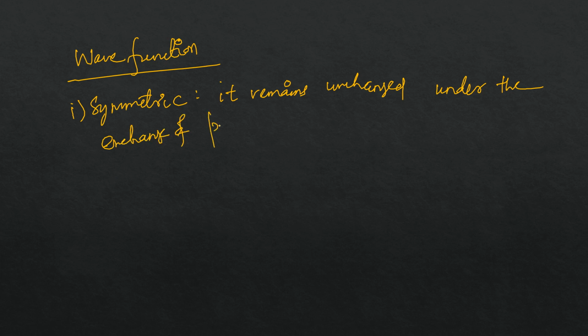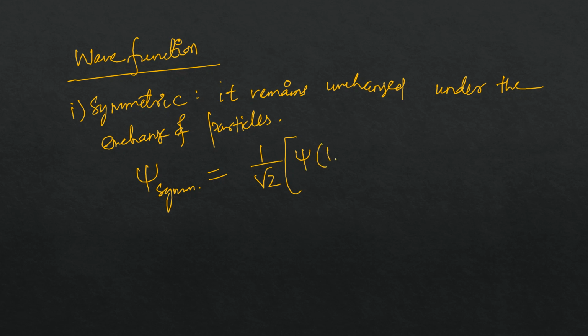So psi symmetric is equal to 1 by root 2 times psi 1 2 plus psi 2 1.